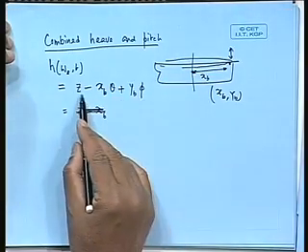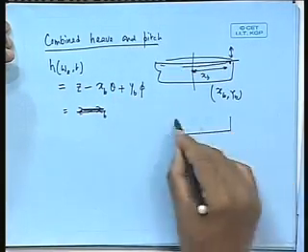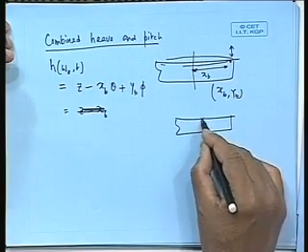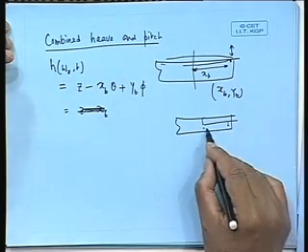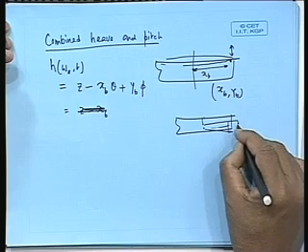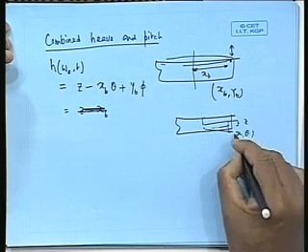If the ship has come down, this point will come down by an amount, and if it has pitched further, it will come down by a further amount. So you will have here z and here x into theta.